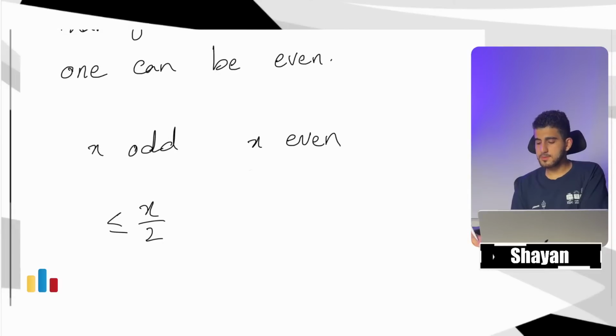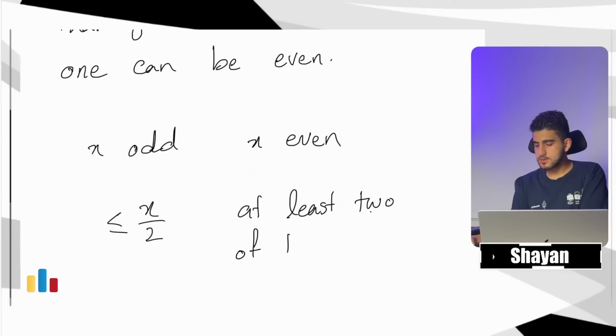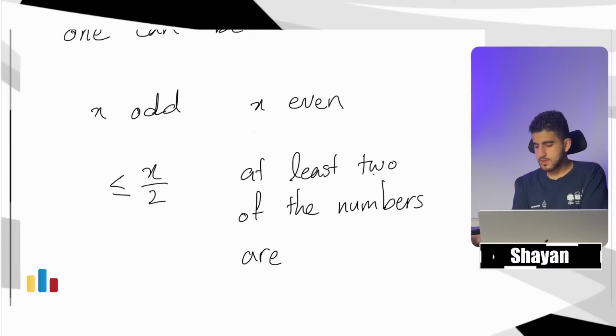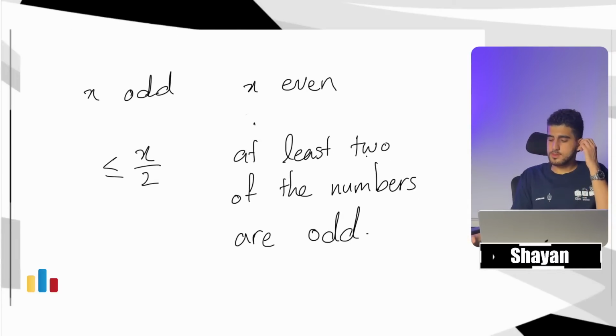Because in each operation, at least two of the numbers are odd. So when you have x odd numbers, the number of operations that you can have is at most x/2. You cannot have more than that.